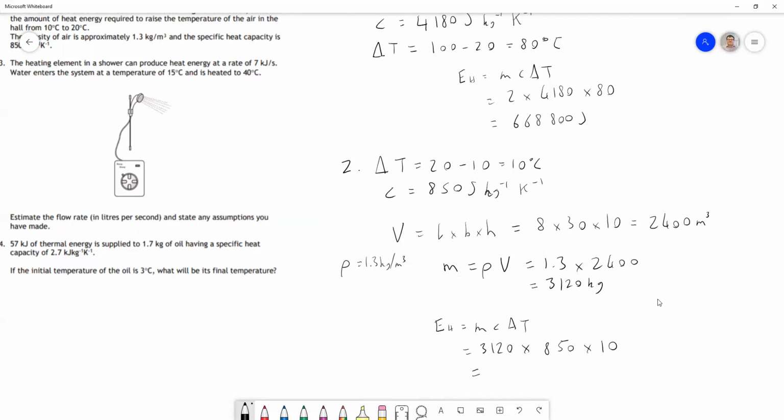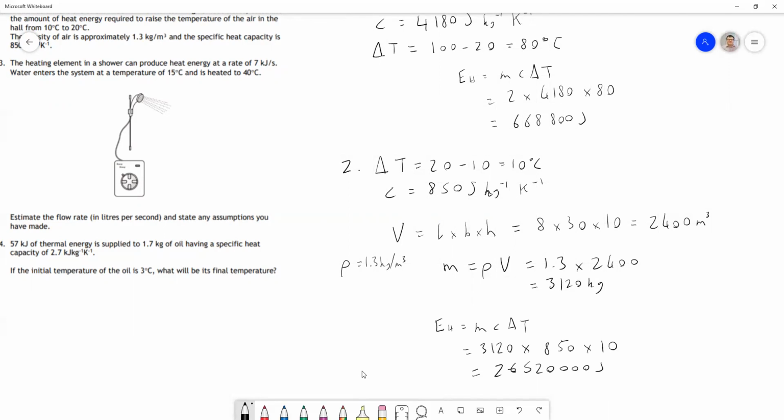And the answer we get from this is 26,520,000 joules, or 26.52 megajoules if you prefer.